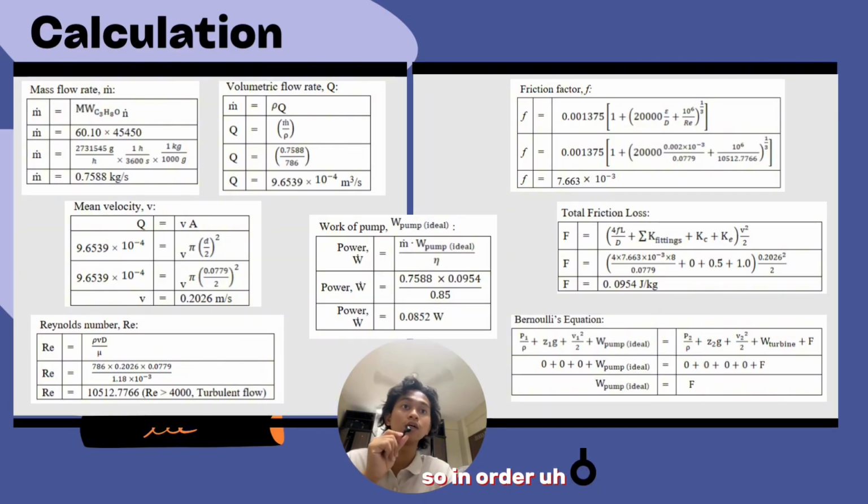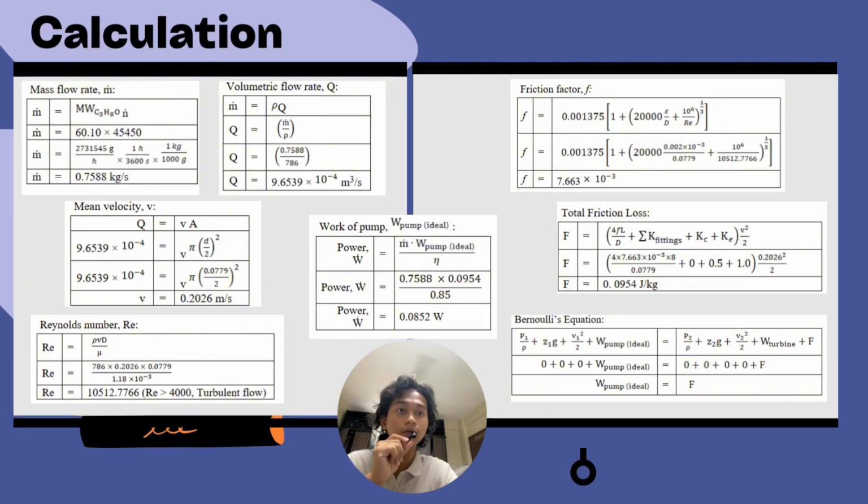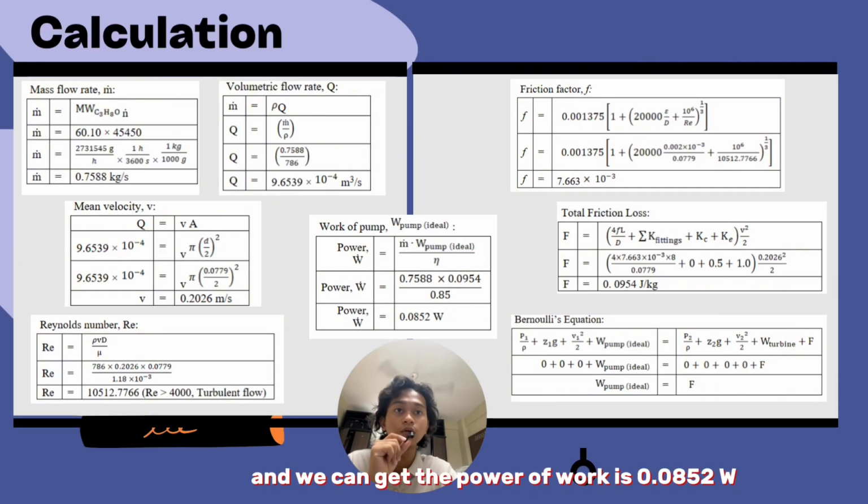In order to get our pump work, we can use the Bernoulli equation, where the ideal pump work is equal to the friction loss. Power equals mass flow rate times pump work over 0.85, and we get the power of 0.0852 watt.